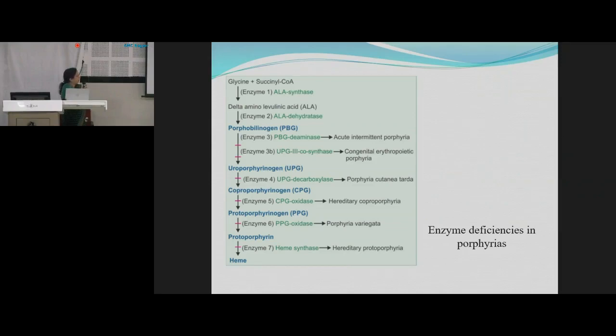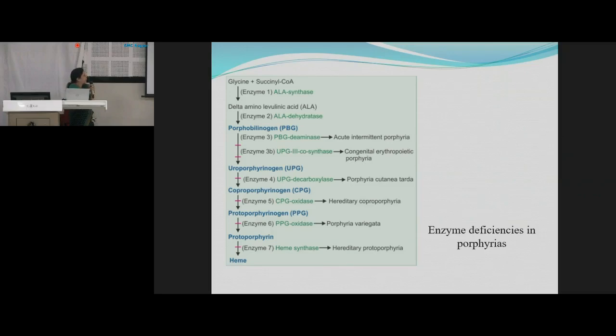Now if the enzyme deficient is coproporphyrinogen oxidase, it leads to hereditary coproporphyria, which is required for conversion of coproporphyrinogen 3 to protoporphyrinogen 3. So if this enzyme is deficient, it leads to hereditary coproporphyria.